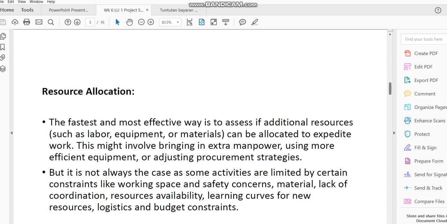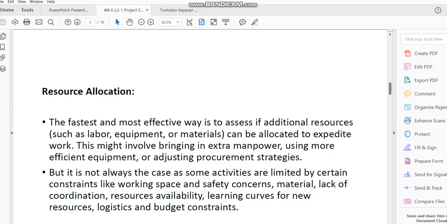But of course, there are some issues related to adding more people and more machines, because you may have other concerns like moving space, or the material actually not being enough for you. If you bring in a team of people, there won't be enough material to go around, or maybe it's a lack of coordination, so you have to coordinate things a little bit better, and rearrange things a little bit better. And it may be dealing with resource availability as well.